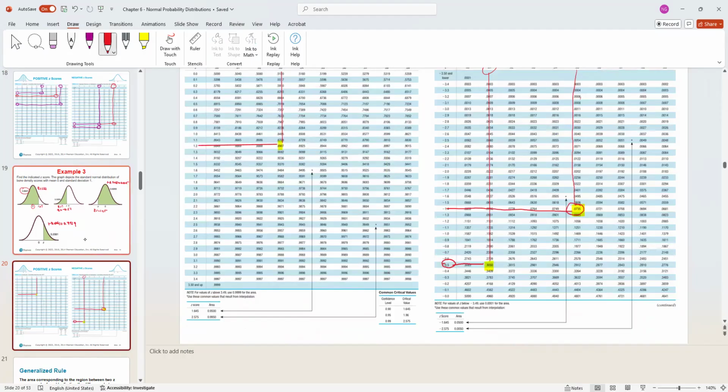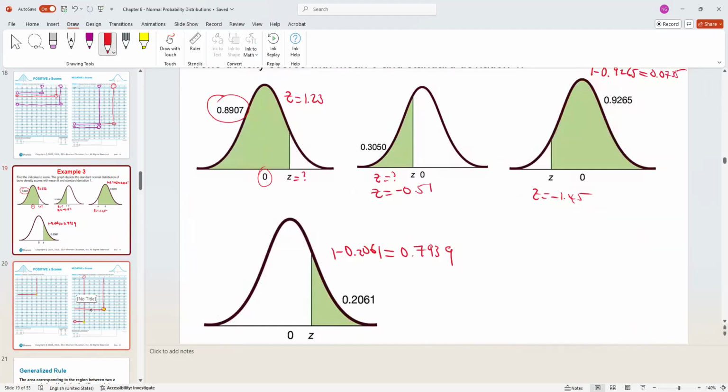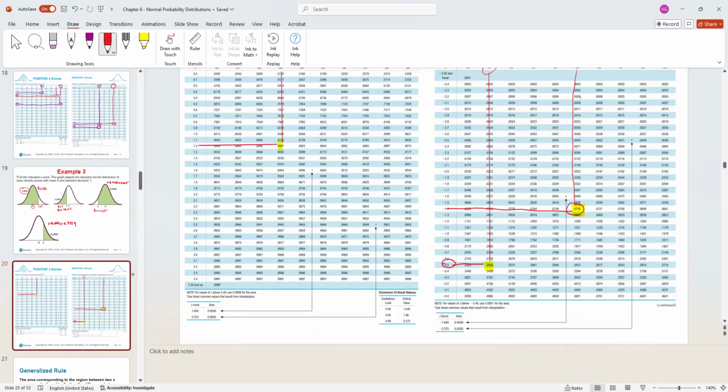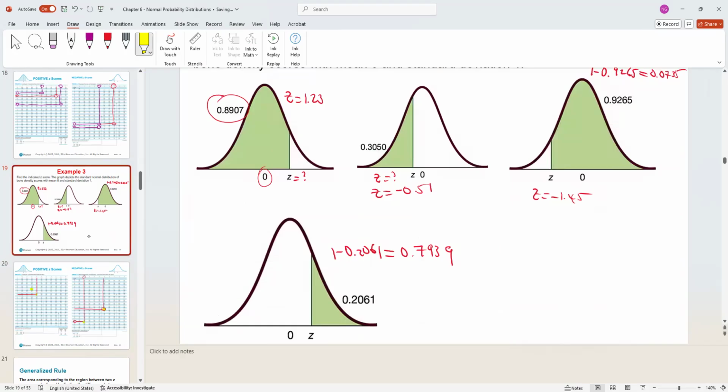We're looking at the positive side for 0.7939. Let's do it. I see it. Is that this one? Right there. It was 0.7939.